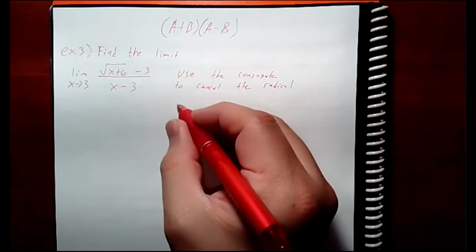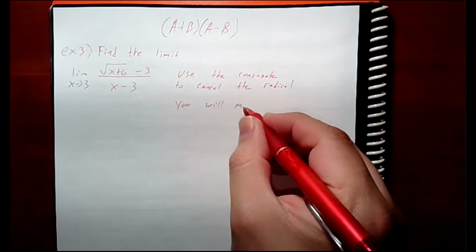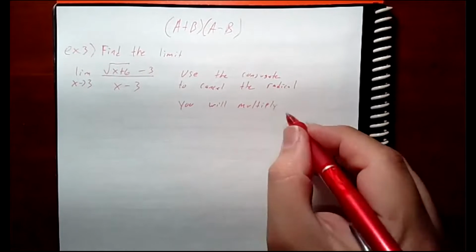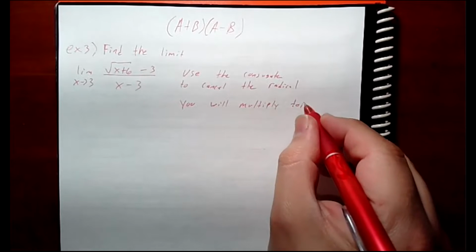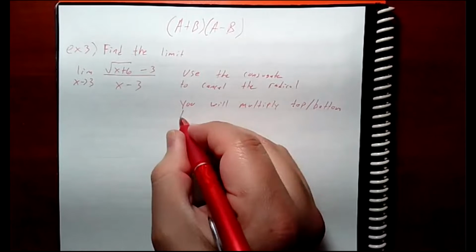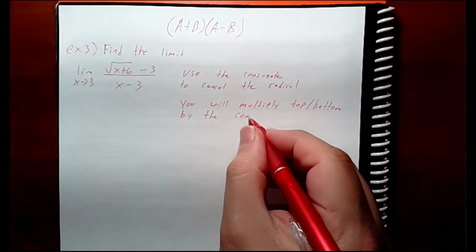So you will multiply top and bottom by the conjugate.